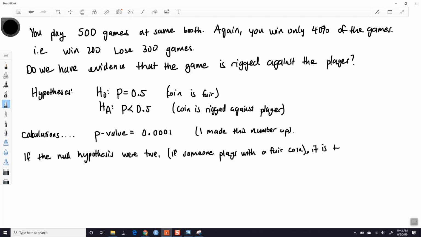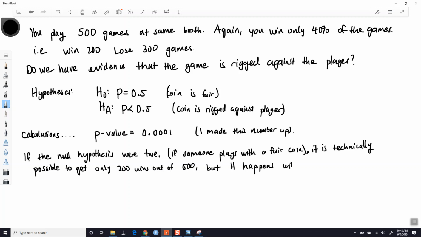It is technically possible to get only 200 wins out of 500. Okay. But it happens with a probability of 0.0001. With a very low probability of 0.0001.